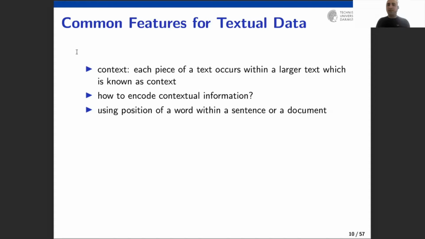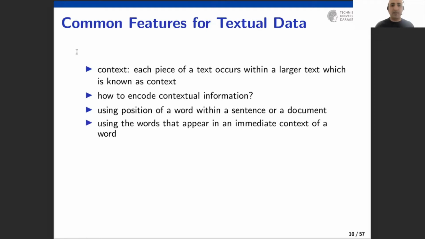We can define a feature function that returns the position of the word in the sentence, right? So this can easily be a function. But why should we only use the position? We can also look at what word appeared before this word and what word appeared after this word. So we can define a feature function that takes a sentence and returns the word before and the word after the target word.